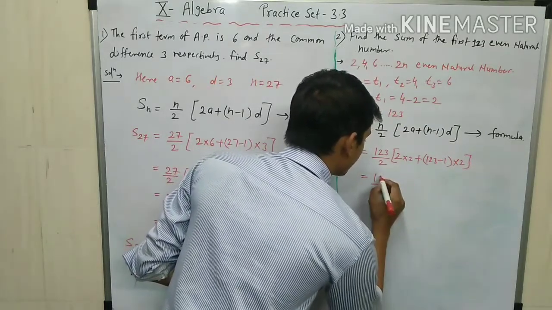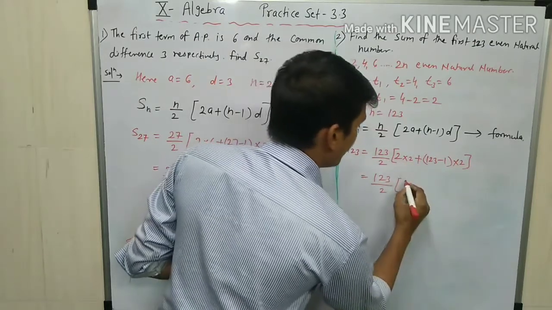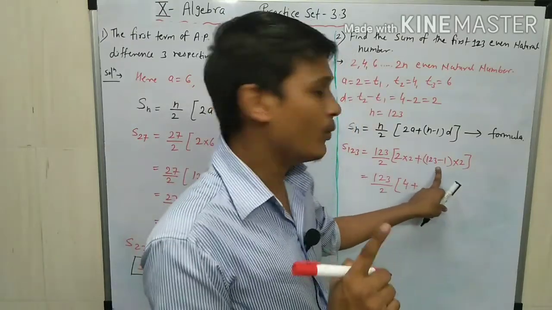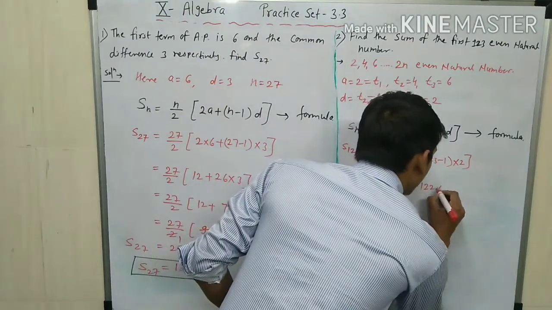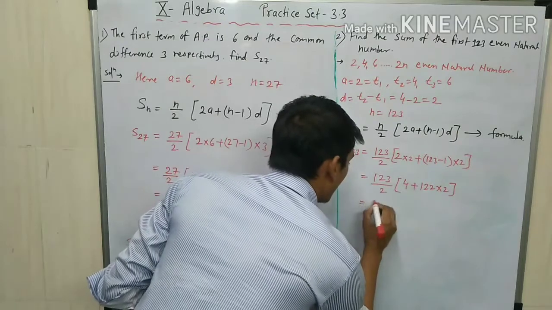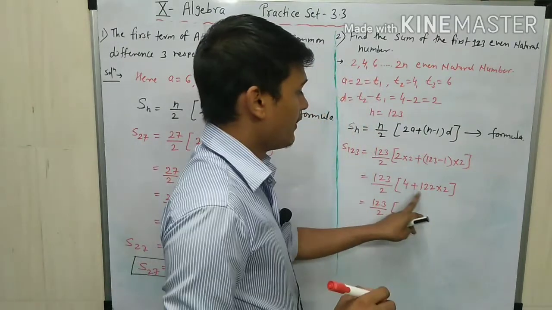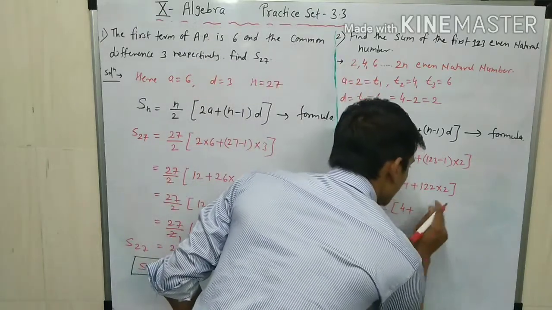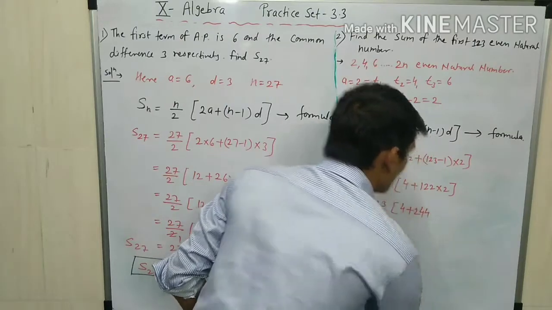123 upon 2. 2 twos are 4. We can write here 4 plus 123 minus 1, which is 122, into 2. Clear? Now 123 upon 2, bracket, 122 into 2 is what? 2 twos are 4, 2 twos are 4 and 2 ones are 2.